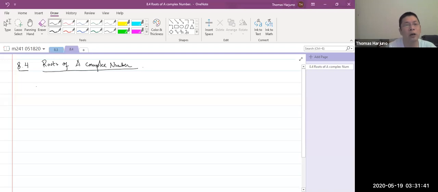We already have from the Moivre's theorem saying that if C equals R cis theta, then C to the n equals R to the n cis n theta.